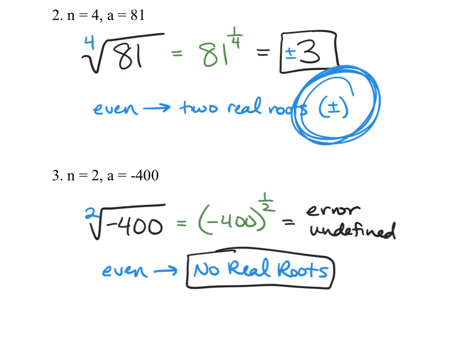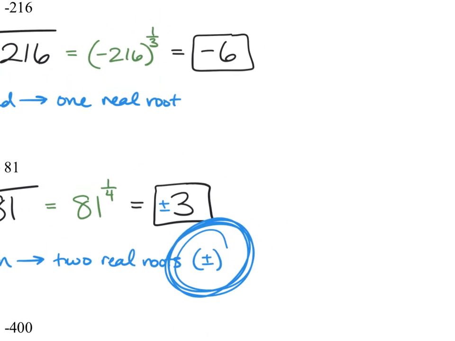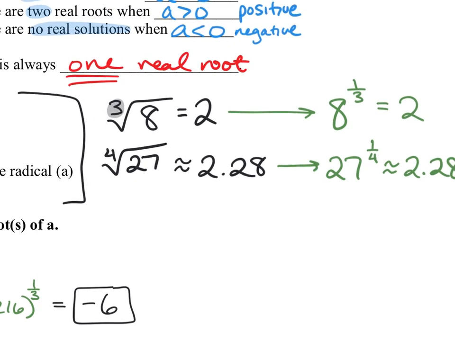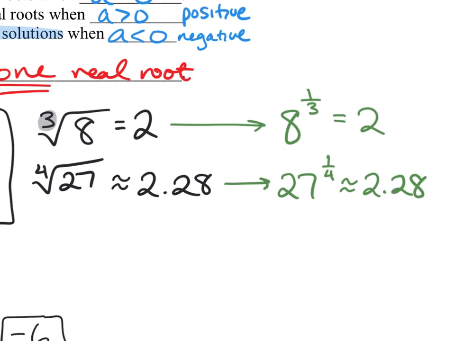Which means if we go back to what we did at the beginning of this page, up here at these random problems I made up, something's wrong with one of the answers we have. Can you figure out what's wrong? Let me give you a hint. Something's wrong in this part, in this fourth root of 27.